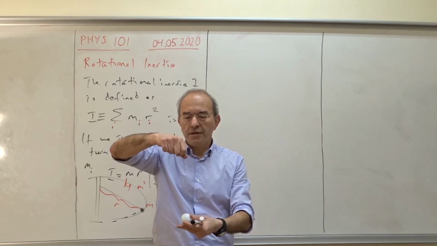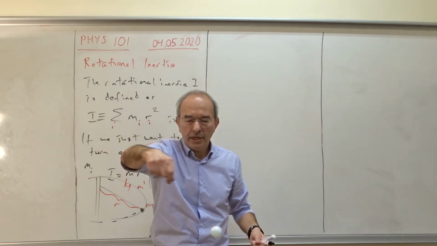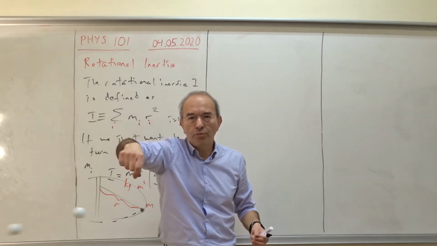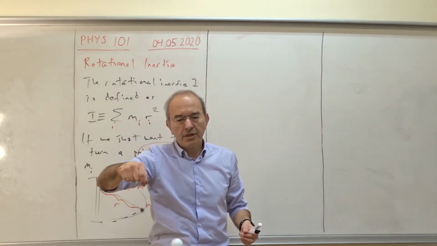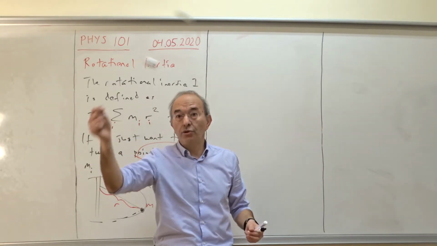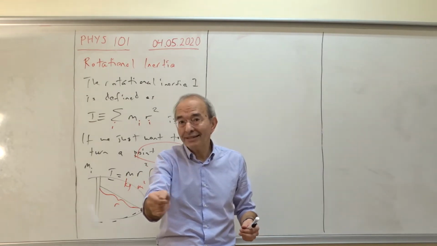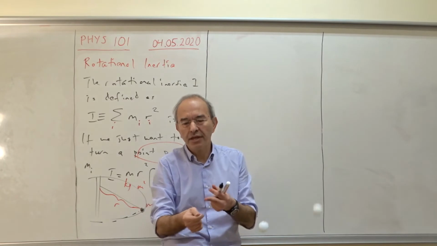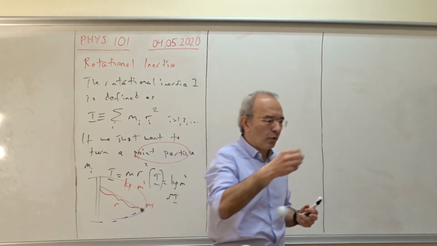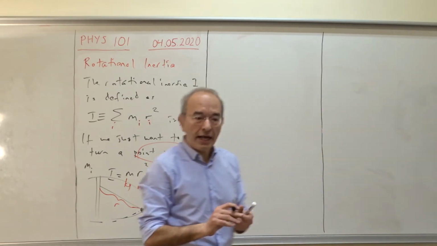For instance, this is the new object. It doesn't have to be horizontal. Let's say it's turning vertically as well. But we have two balls, two point particles having different distances from the axis of rotation. What happens to the total value of I?